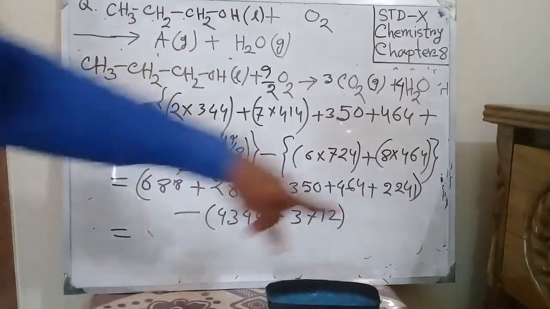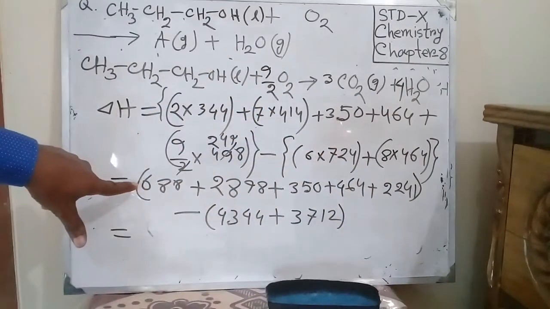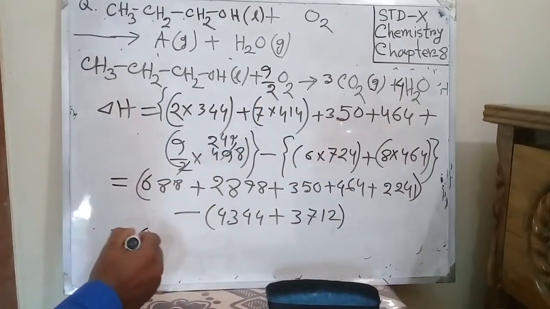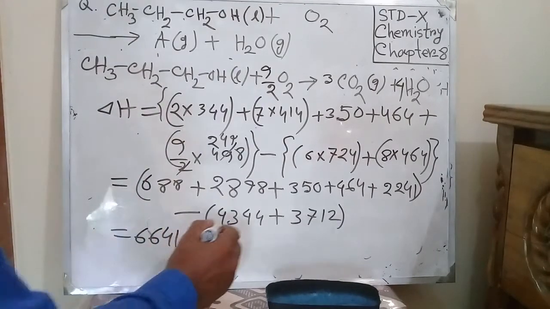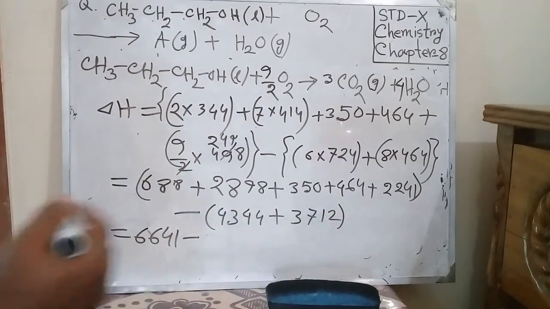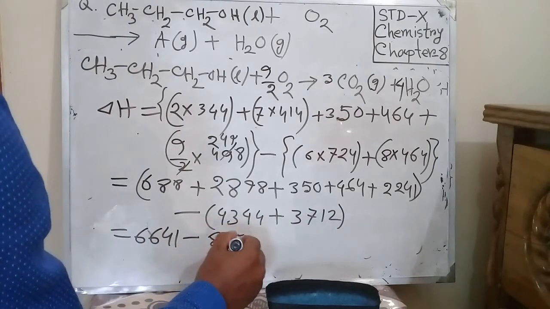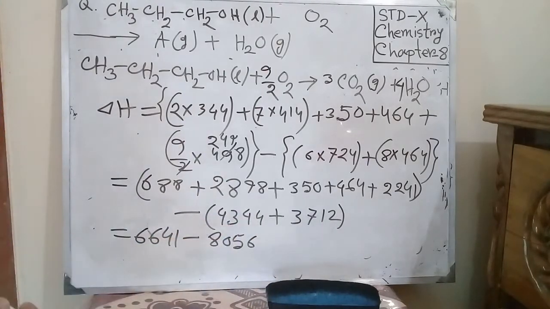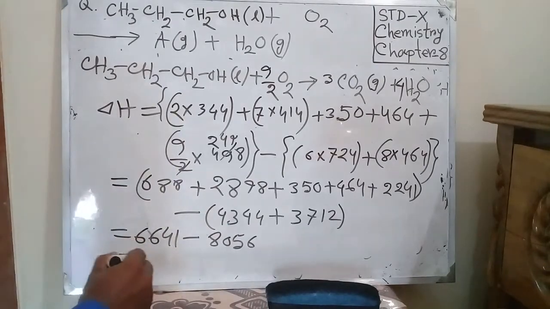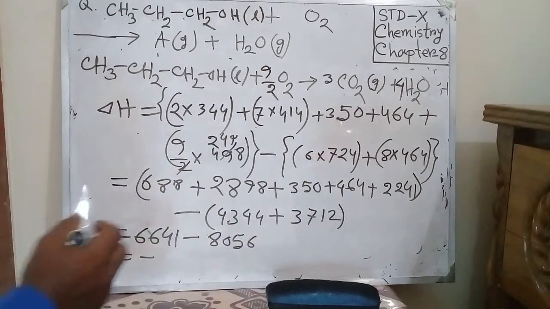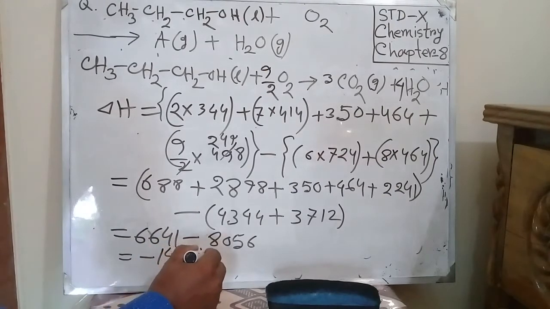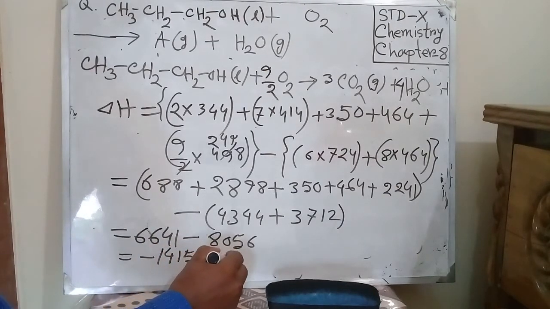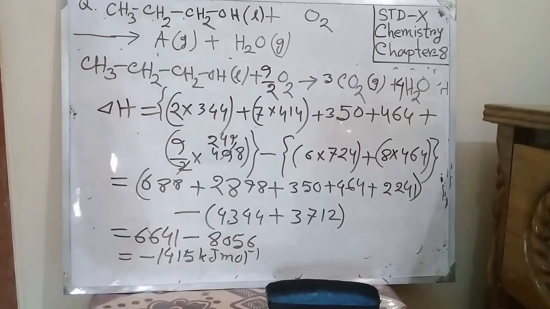Then we will add all these values, and we get 6641 minus, and if I add this one we get 8056, and if I subtract we get minus 1415 kilojoule per mole.